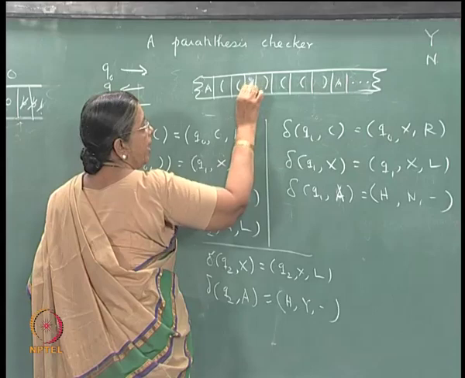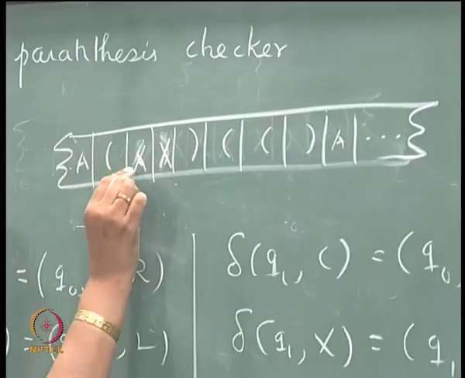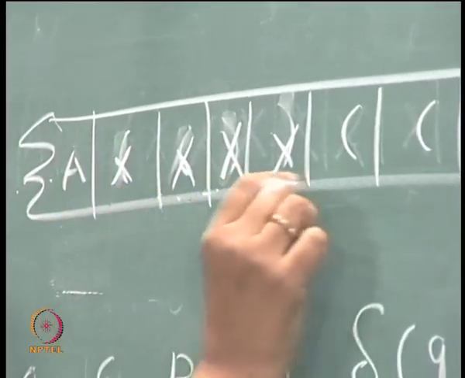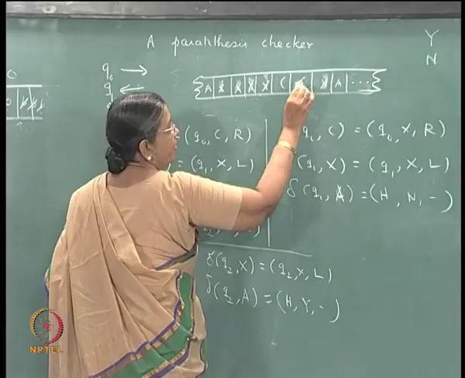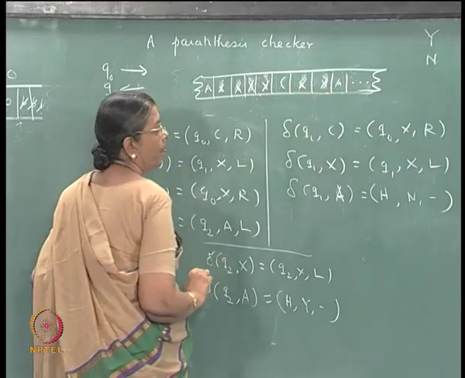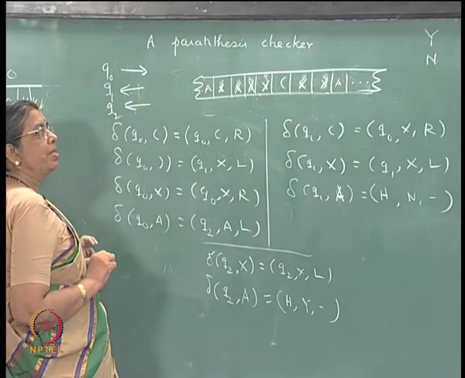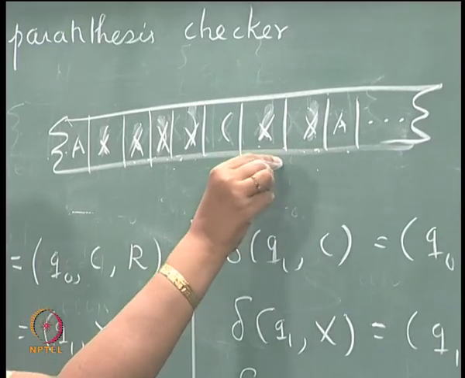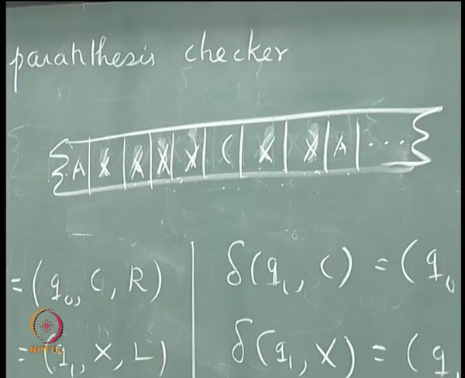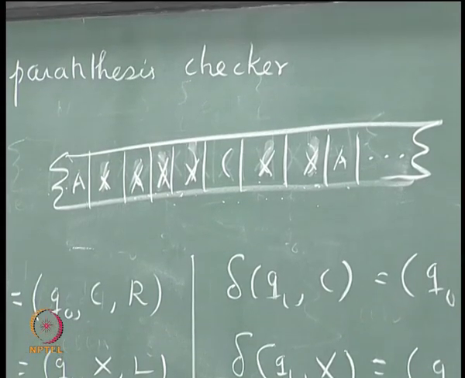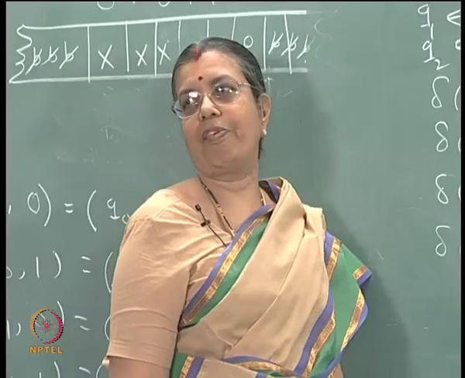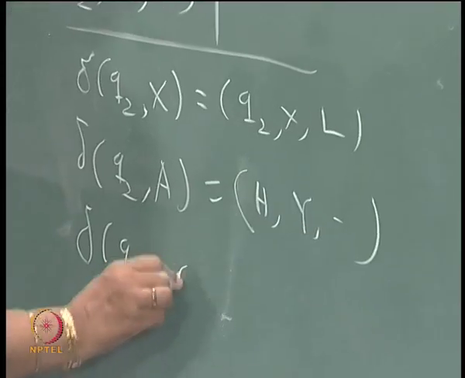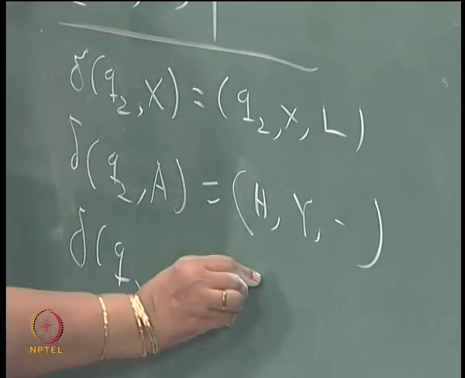It will change this into x, move left, change this into x, move right, change this into x, move left, change this into x, move right, change this into x, move left, change this into x, and move right. When it sees a blank, that means there are no more right parentheses. So, it will go to q2, and in q2 it will start moving left. When in q2 it sees a left parenthesis, it means there are more left parentheses. So, delta of q2 left parenthesis is halt.